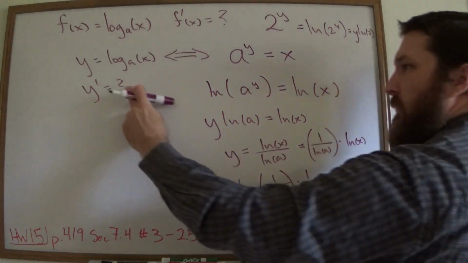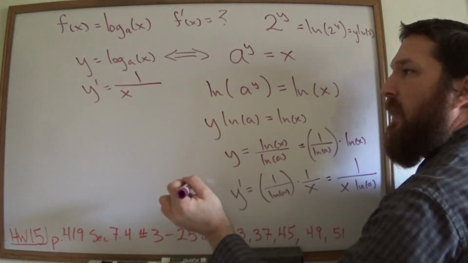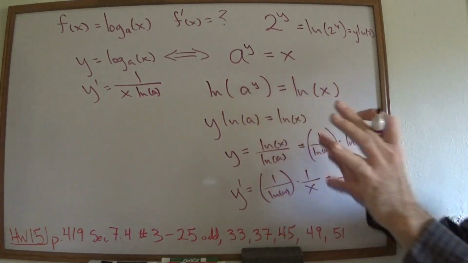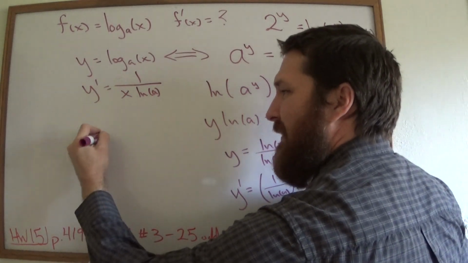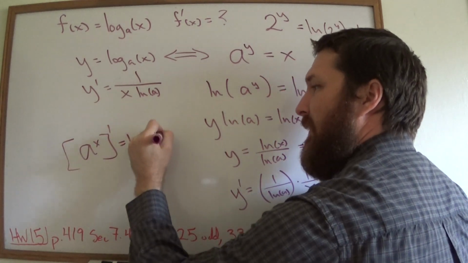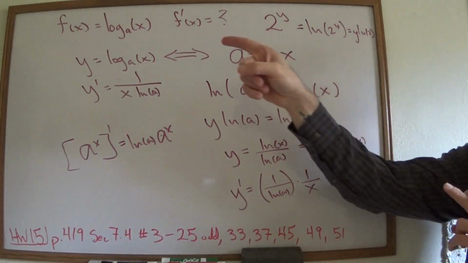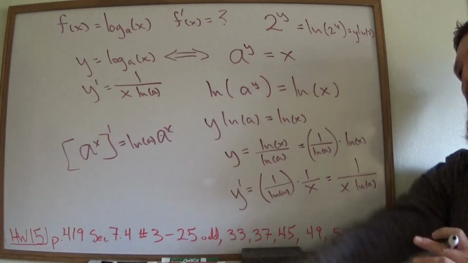And so, there you go. It's very similar. It's just like 1 over x, but now we just need to multiply by that log a. Kind of like before, right? When we took the derivative of a to the x, log a popped out, and then that guy stayed put. Now it's kind of similar. It's just like the derivative of natural log, but now a log a pops out.